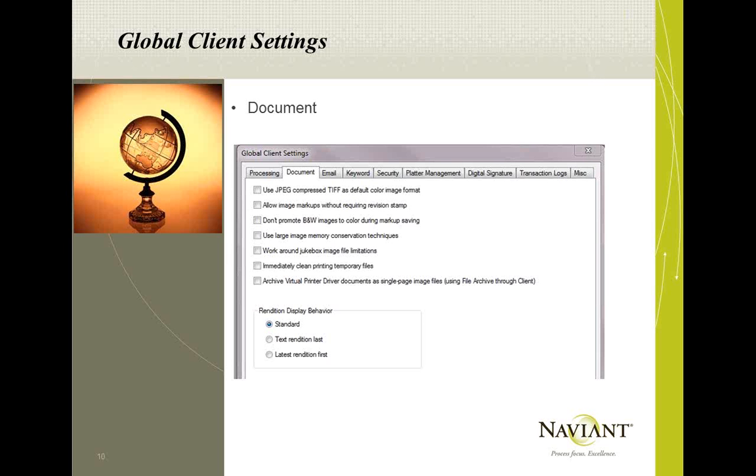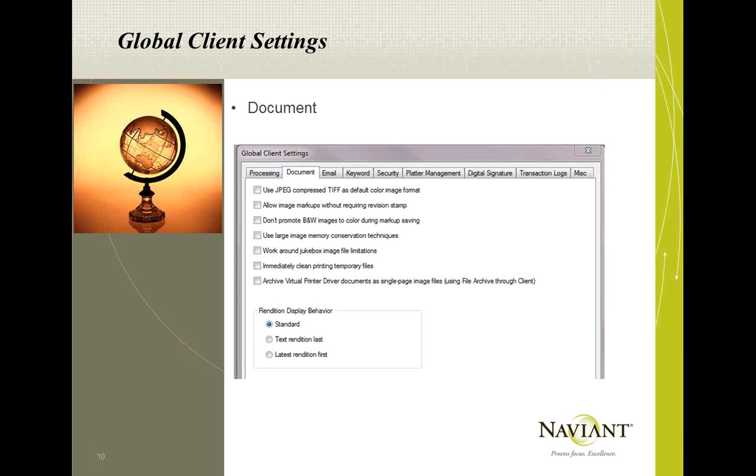Another thing that happens is the Immediately Clean Printing Temp Files option. So what happens is if you go through and do any kind of print process, it writes to the local temp directory by default. So OnBase will put it in that temp directory, and then when you exit OnBase, that's when those files get deleted. But if you check this box, it'll immediately get rid of those files.